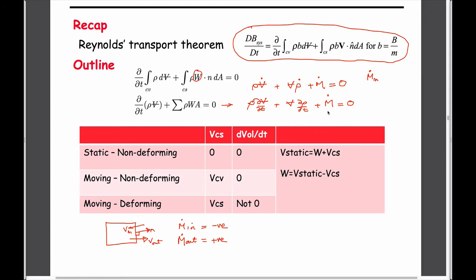And so this mass flow rate we can always think of as a velocity multiplied by a density and multiplied by an area. And so this here would be an area. And in this particular case, we've taken the velocity as equal to v.